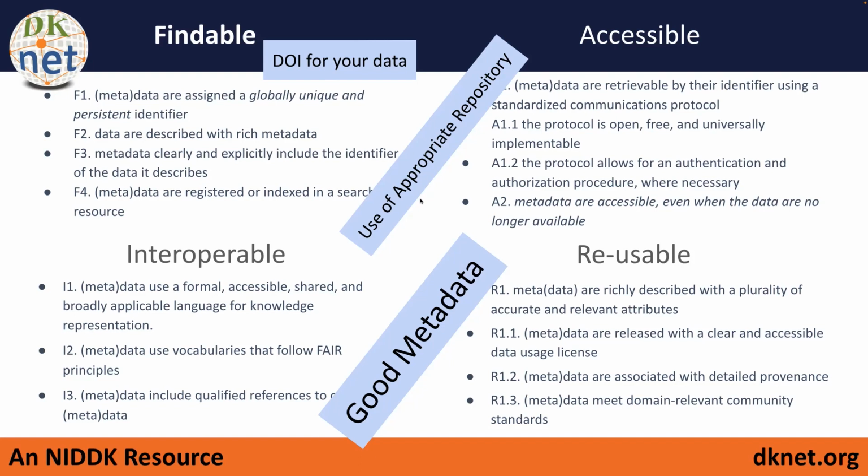The findable and accessible parts of FAIR are really taken care of by the repository that is holding the data. The interoperable and reusable really gets back to good metadata, right? To make sure that the data is well described and of appropriate formats, so that other researchers are able to get in and reuse that data.